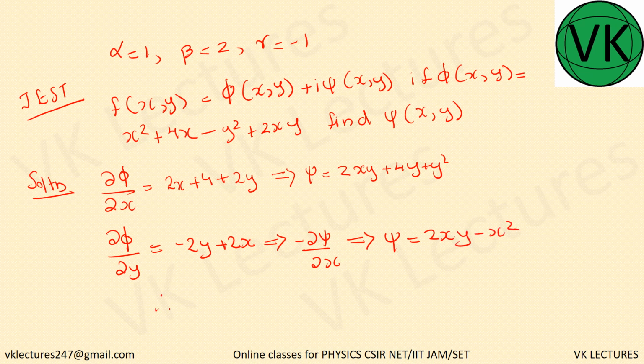Therefore, we got psi of xy is equal to minus x square plus y square plus 4y plus 2xy.